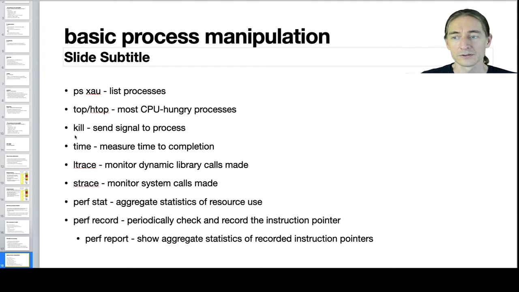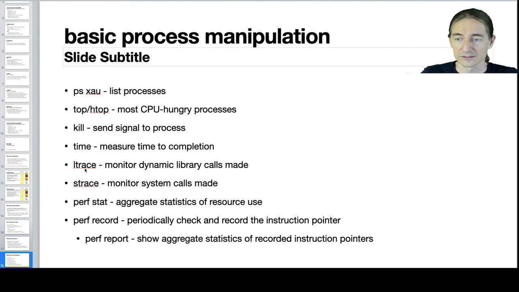time, very good. You say time and then your program you want to run, it'll just measure how long it took. ltrace lists library calls over time. It monitors all the dynamically loaded library functions that you execute. It cannot tell that you execute library functions from a static library.